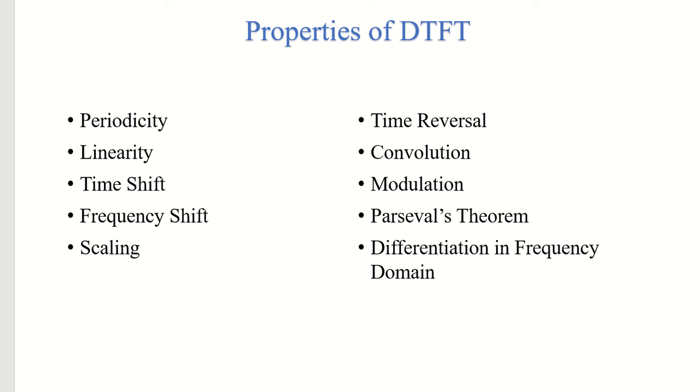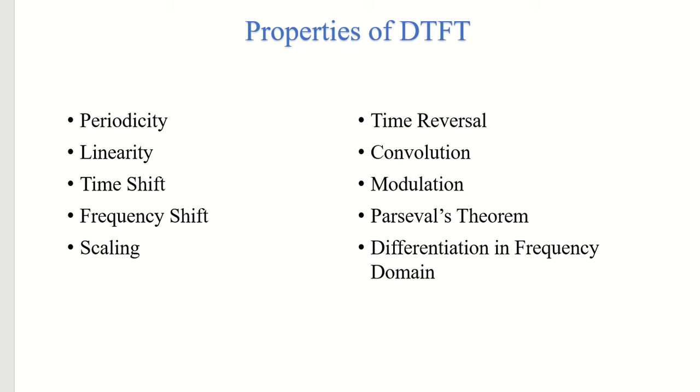Then we have the scaling property. I'm not going to explain the scaling property because it remains very similar to the one we discussed earlier. Then we have differentiation in frequency. We have discussed this one a little.